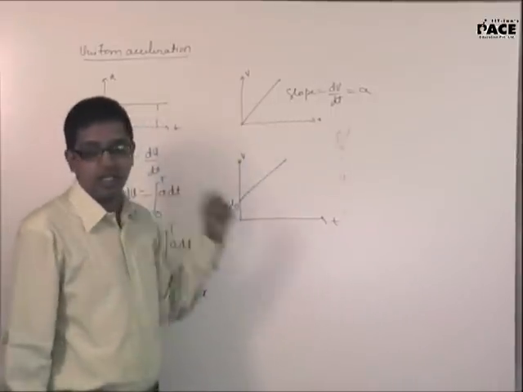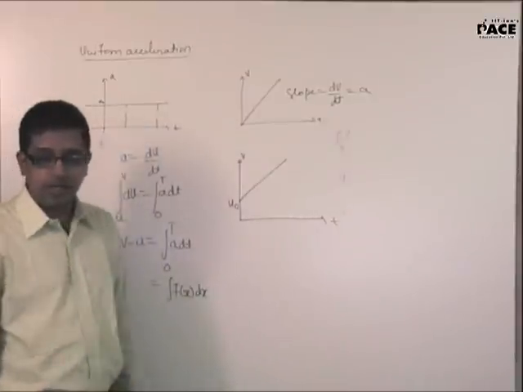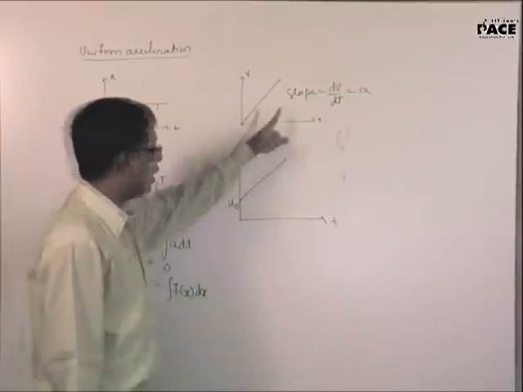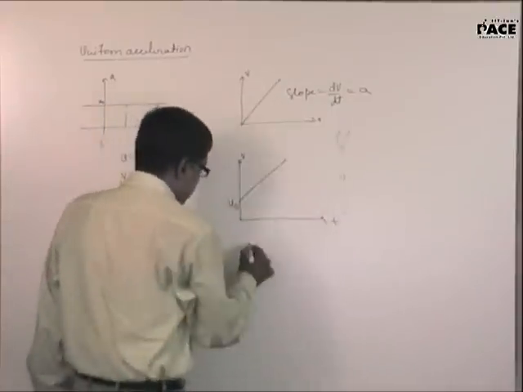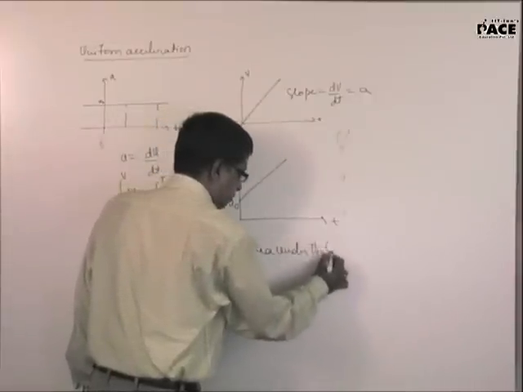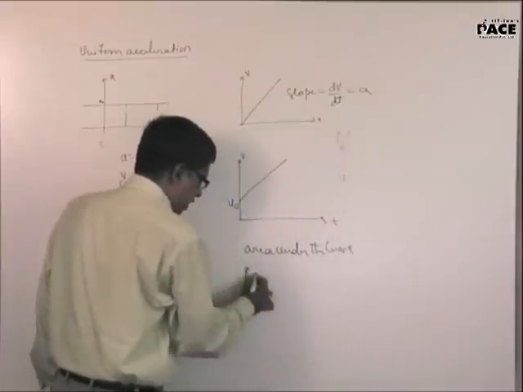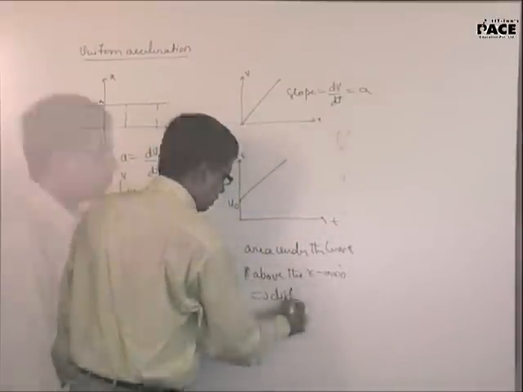In this case the initial velocity is 0. In this case the initial velocity is not 0. The slope will again give me the acceleration. The area under the curve and above the x-axis will give me the displacement.